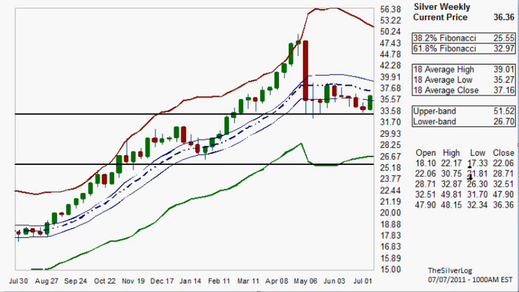Lows: 17, 21, 26, 31, 32. Stair stepping higher. So there's no way to say things are bearish when you're making this pattern of higher lows overall, but we can only correct for so long before you throw away any bullish activity. It has still stayed above this support line, which is very, very important.